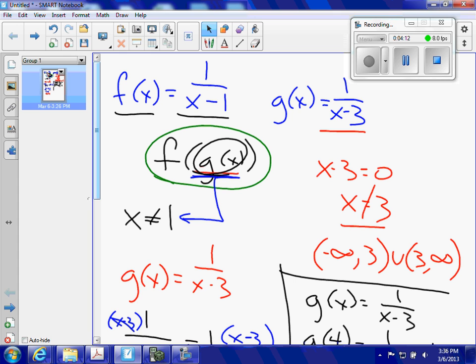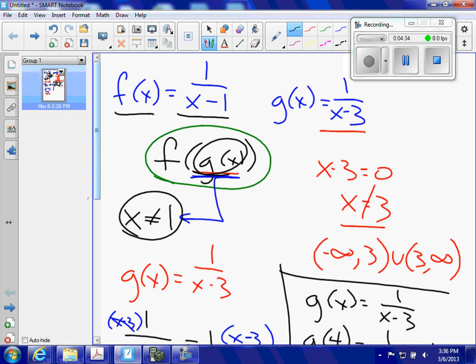But the other thing I want to point out is that if I look at my f of x all by itself, I can see that f of x cannot be equal to 1. But f of g of x is okay for 1, because I'm looking at g of x as my argument for f of x. Let's take a look.